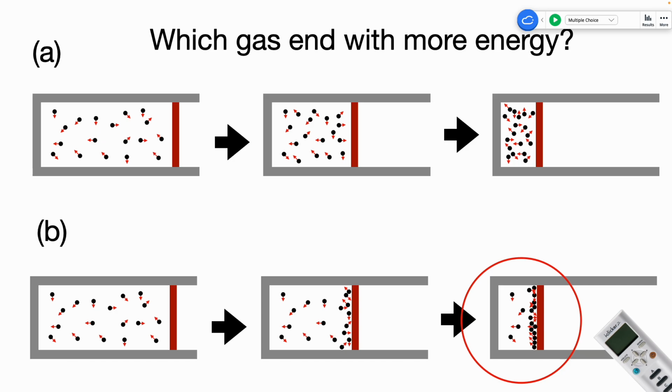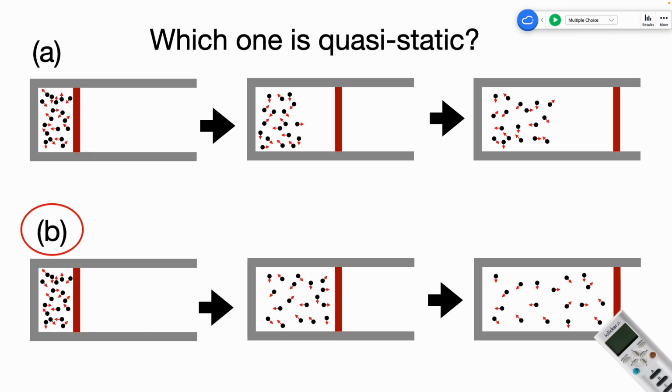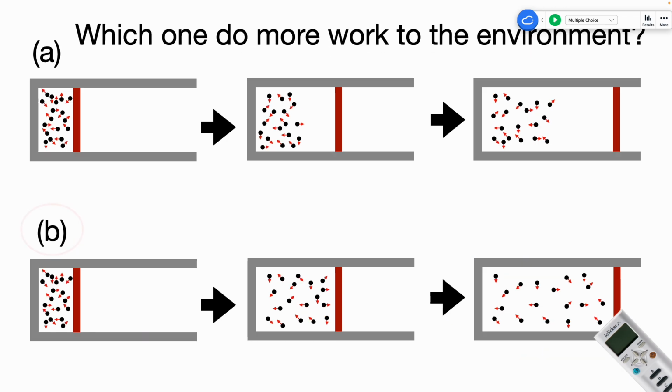You really have to think about how the gas gets pushed to figure out which one results in more work to the gas or the environment. It's not that quasi-static means more work, no. Here, when you have a non-quasi-static process, there's more work, but for here, the quasi-static one does more work. So it depends, okay? Any question?